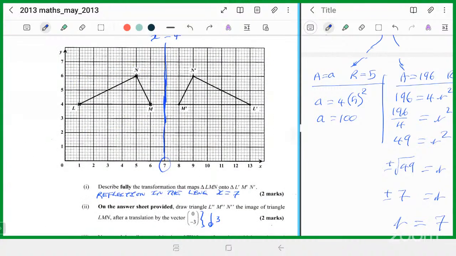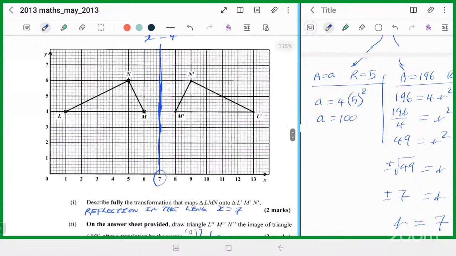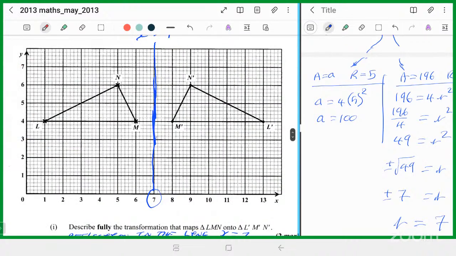With a translation, you usually can just move 1 point and then draw the same shape around that one. So let's say I take the point N up here and move it 3 units down, checking the scale, every centimeter. You're moving it 3 units down. So the point N, 1, 2, 3, will come to here.